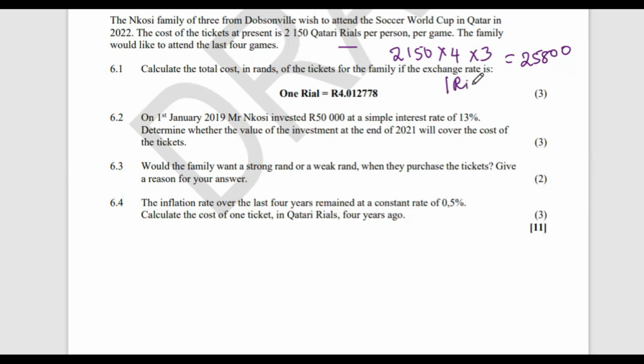Then if 1 riyal is for this much, I'll just say riyal is 4.012778. I'll put this on the side of the Qatar riyal, which is 25,800 is equal to what I don't know. Divide this, multiply by that. So if I get that multiplied by 4.012778, I end up with a big number.